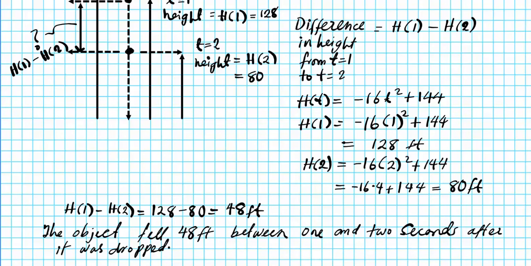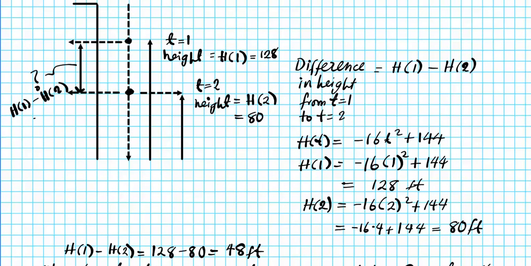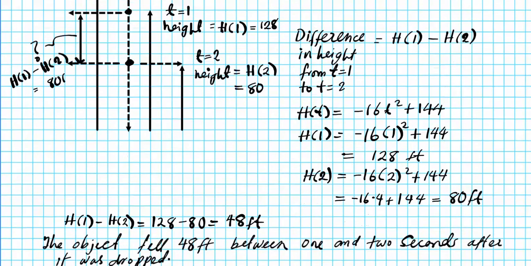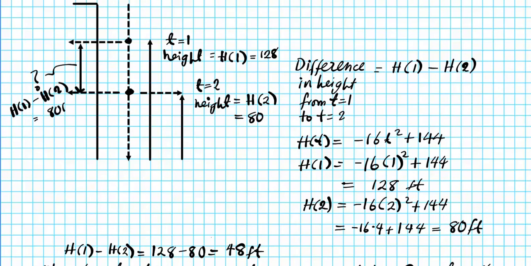All right, so this little distance that we couldn't find here is actually 80 feet. No, sorry, 48. Hope I didn't put 8 in my answer. 48 feet is the difference in height.